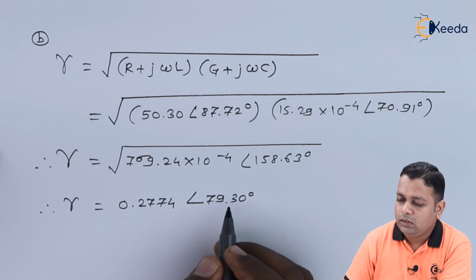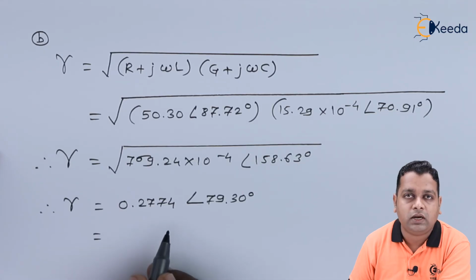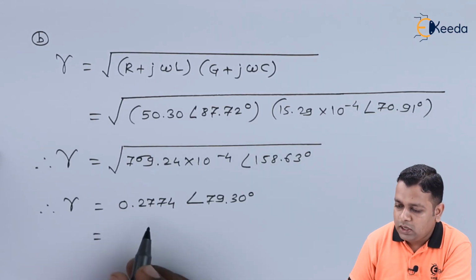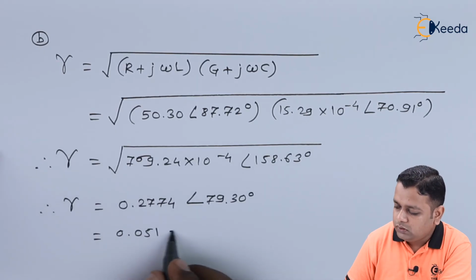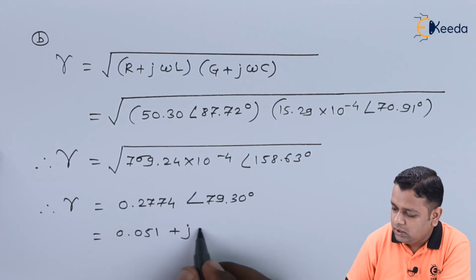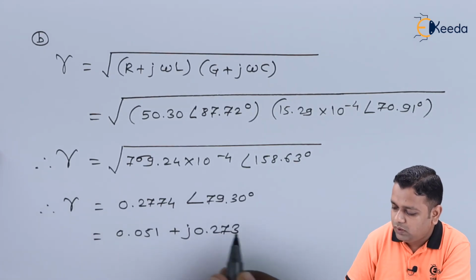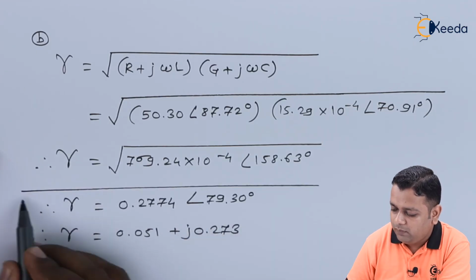Converting to the complex representation, we obtain the real part 0.051 added with the imaginary part, plus j times 0.273. So this is the required answer for gamma.